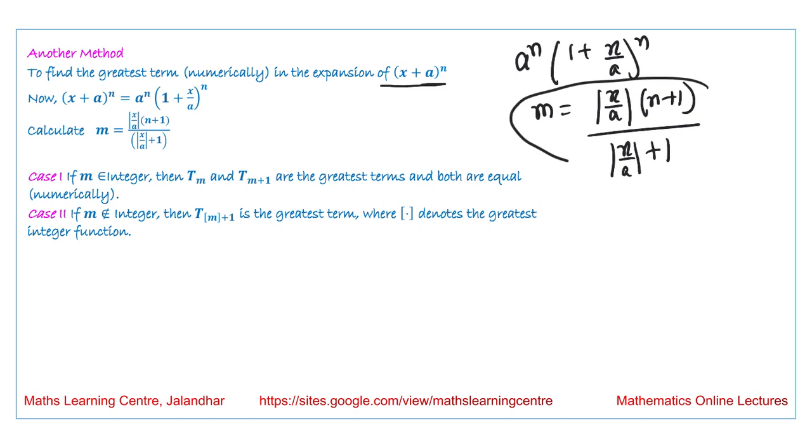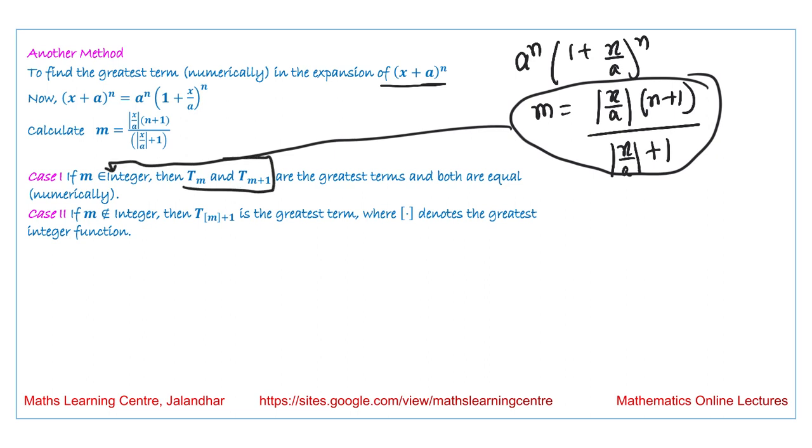On calculating this value, we have two cases again. If m is an integer, then we have two greatest terms, t_m and t_(m+1), and both are equal to each other. And if m is not an integer, then t of (greatest integer of m) plus 1 is the greatest term that we will have. So these things will be more clear to you with our next example.